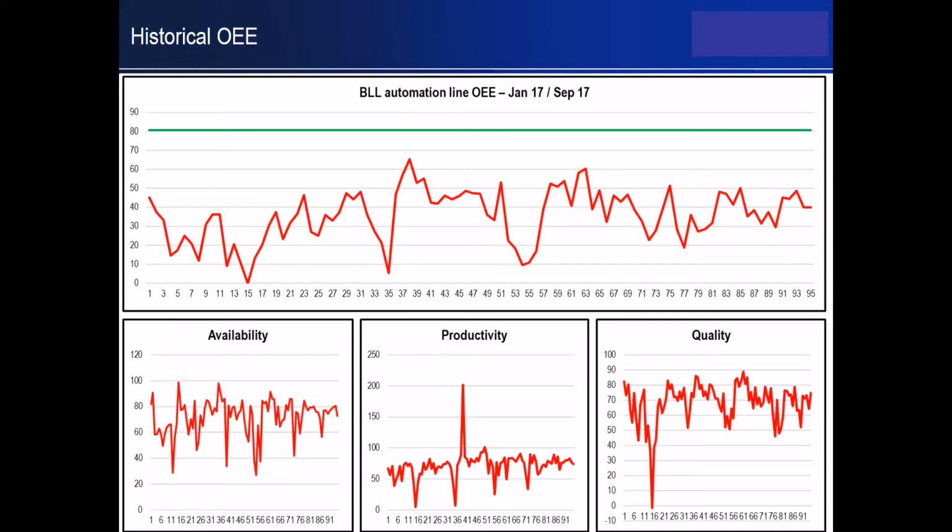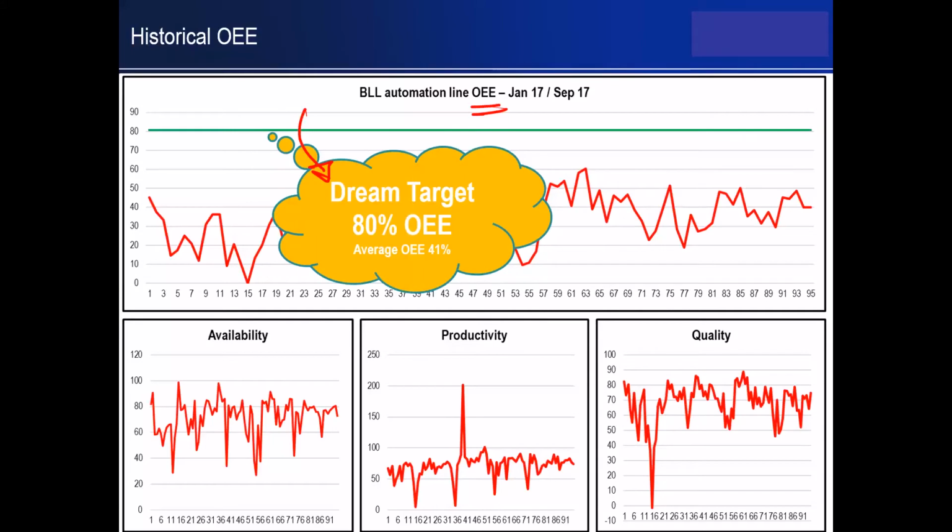So here we are, January to September 2017. We've got the OEE at the top. So here's the current performance, and you can see the variability in that. So I think it summarizes what the current performance is.